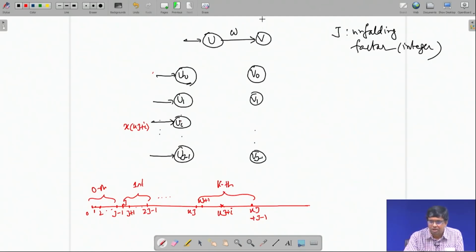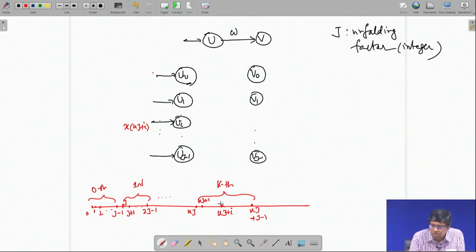Okay. So, that means this fellow, in the general case, is generating the output at kj plus i. Suppose its processing time is 0 for the time being. After kj plus i, I have to go to the right by W number of input cycles.